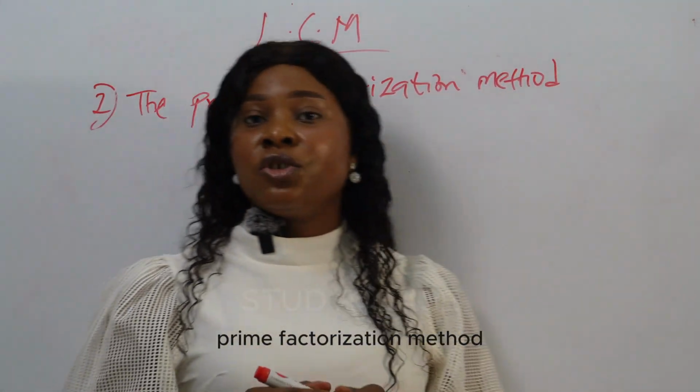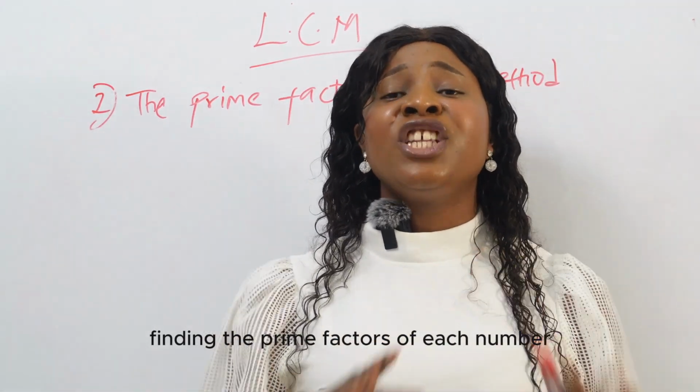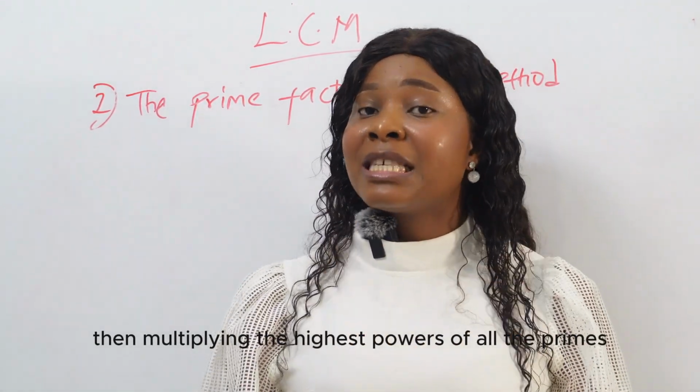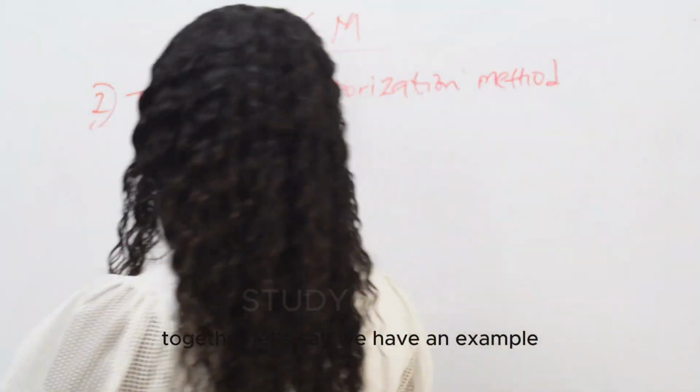The prime factorization method involves finding the prime factors of each number, then multiplying the highest powers of all the primes together. Let's say we have an example.